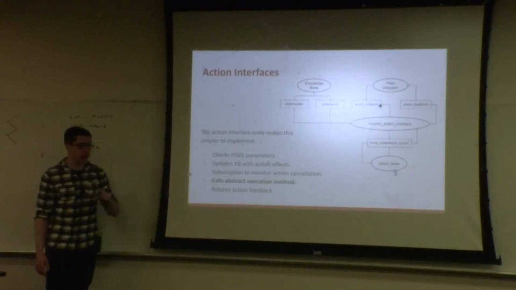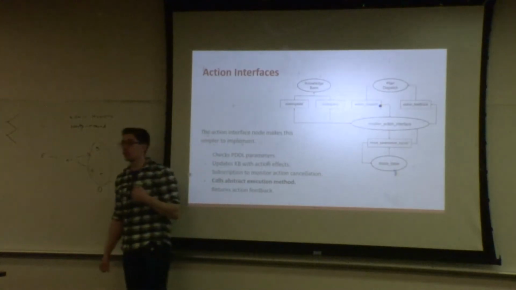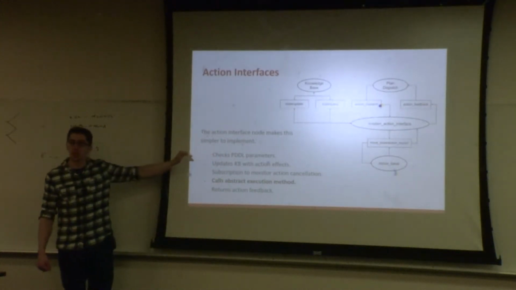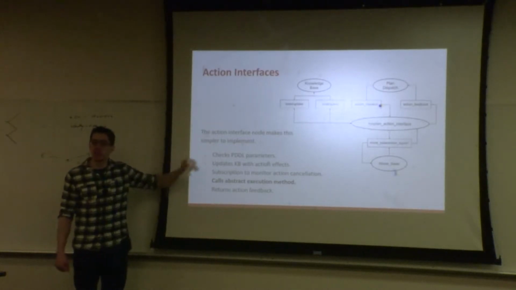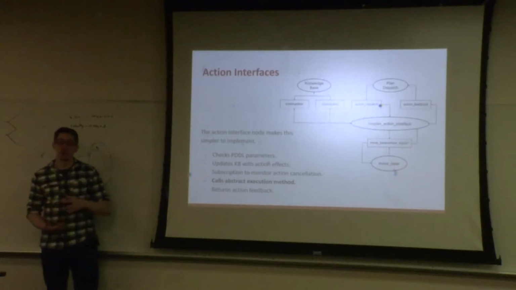We have one node called the ROSPlan action interface, which does most of this. That is, it subscribes to the topic, it checks the action name and the parameters to make sure that they're all correct and that they're the action that's supposed to be executed by this node.